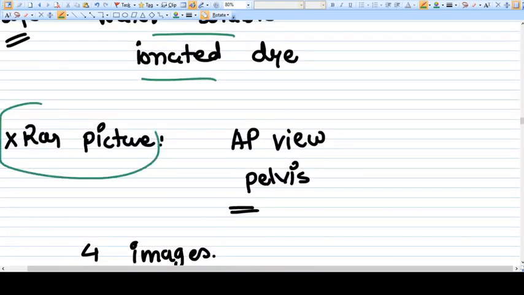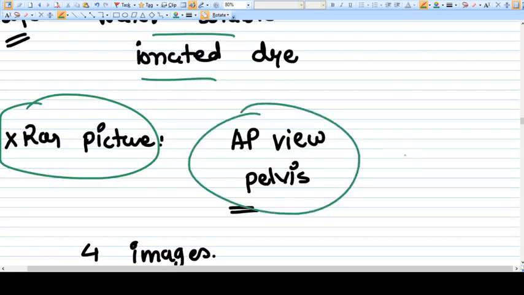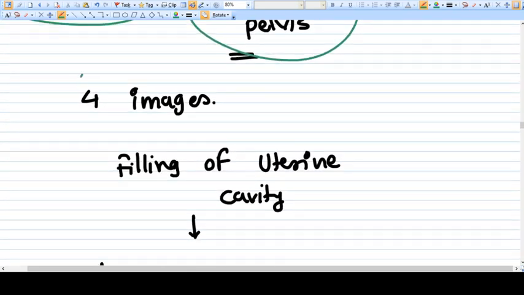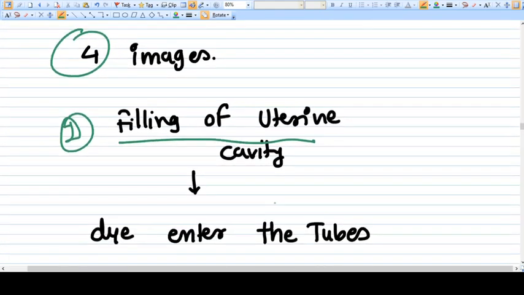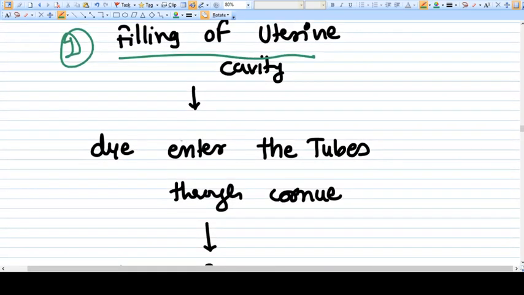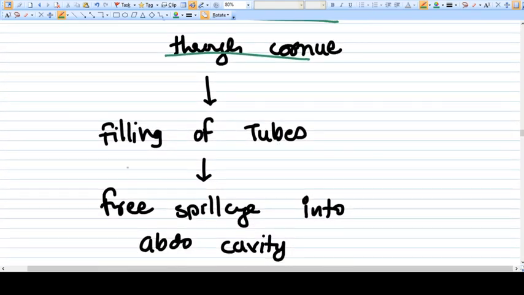Then we take multiple X-ray pictures in AP view of the pelvis. Generally 4 images are taken. The first image is for filling of the uterine cavity. The second is the dye entering the tubes through the cornu, so we can rule out that the cornua are obstructed. The third is filling of the tube, so we can see the tube cavity.